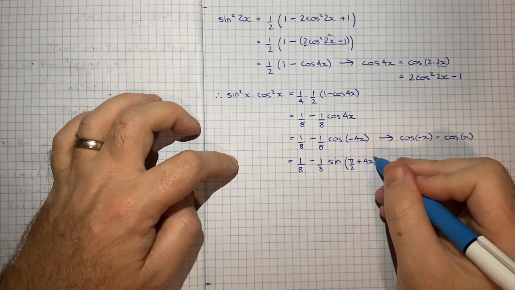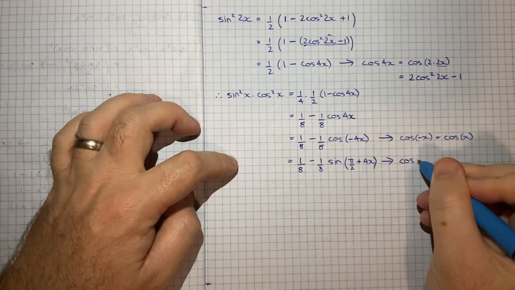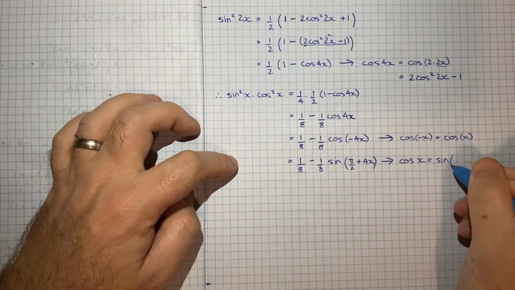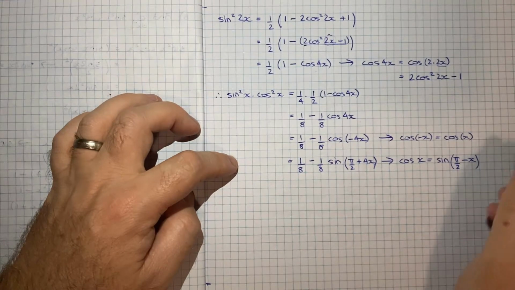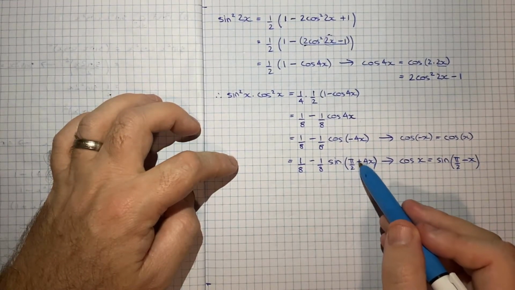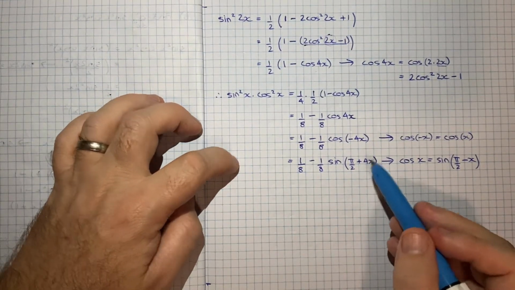What I've used there is the fact that cos of x is equal to the sine of pi on 2 minus x, or 90 degrees minus x, you might see that as. And so here I've done the pi on 2 minus negative 4x, which is why it becomes added.